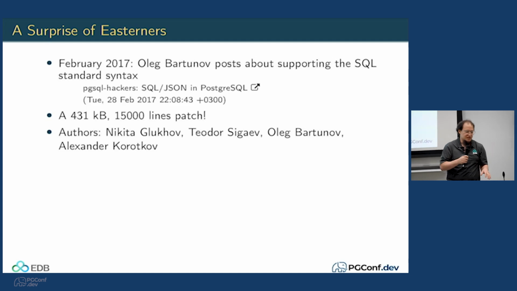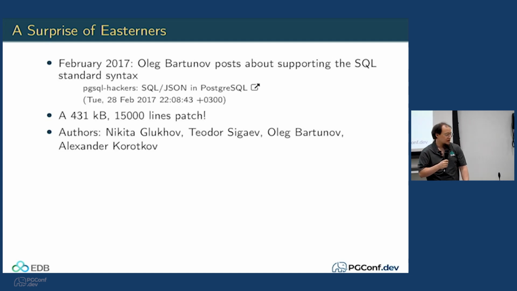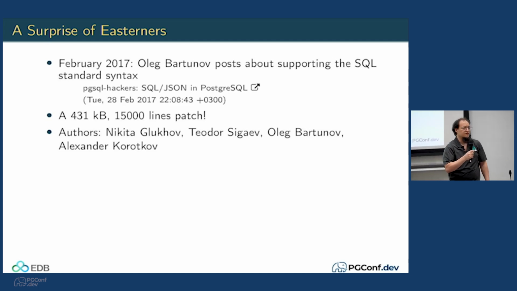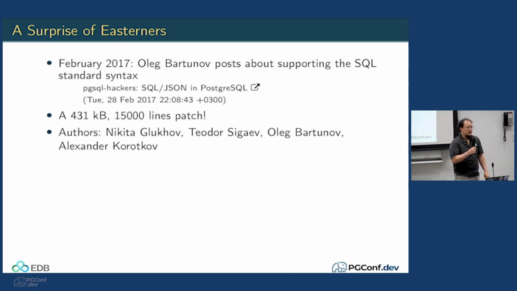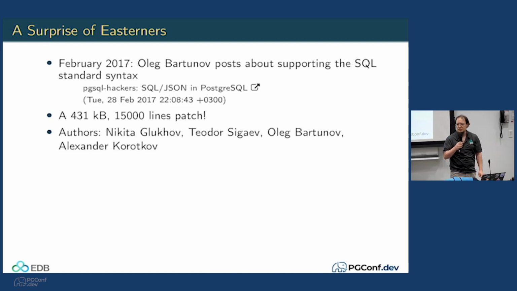So now coming to the present, year 2017, we got Oleg Bartunov, a longtime contributor to Postgres, who had also been involved in the HStore data type and other older stuff. He posted a giant patch to support the SQL standard syntax in our JSON implementation. This was in a thread called SQL JSON in Postgres.